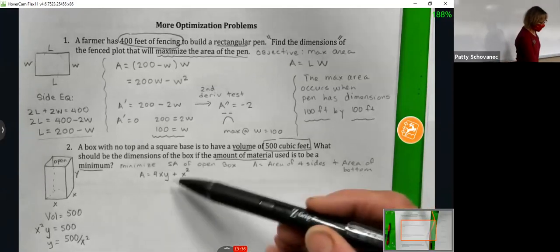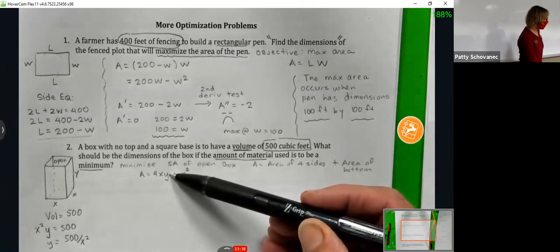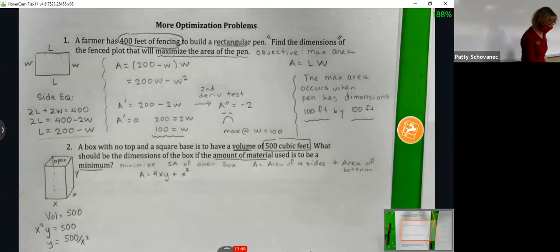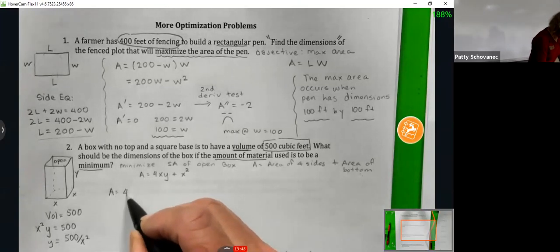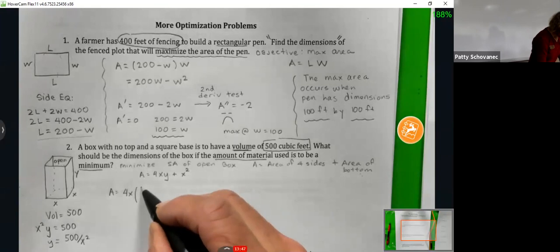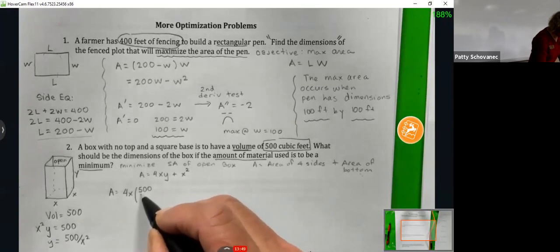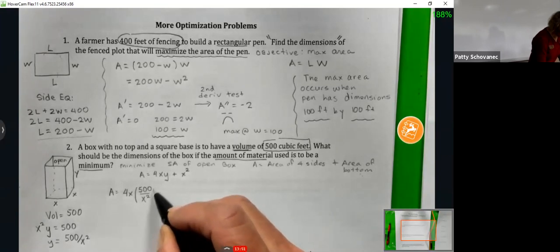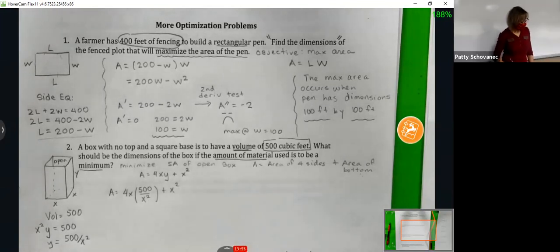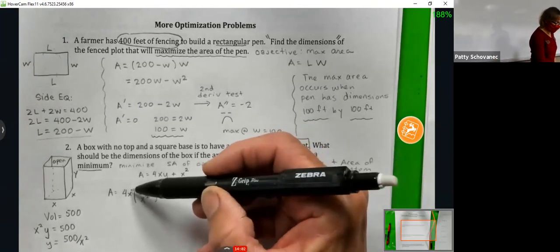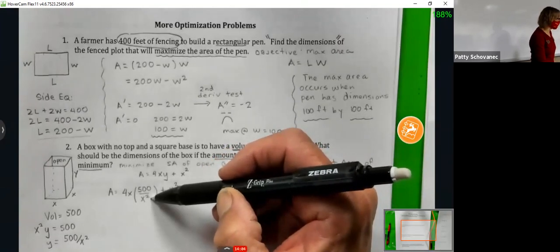That's going to go right here. And then I'll have my area as a function of x only. So substitute it in. I'll have 4x times 500 over x squared plus x squared. We'll simplify that before we take a derivative. 4 times 500 is 2,000, and then one of the x's cancels and leaves me an x on the bottom.